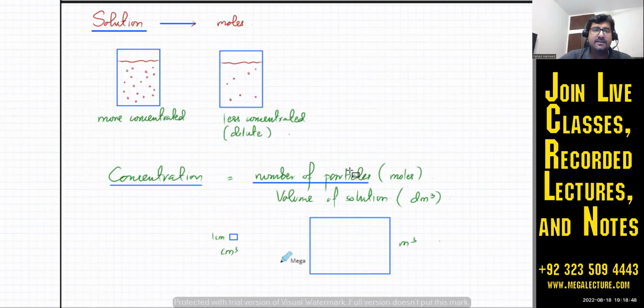A centimeter cube is a volume that, if you think of it as a cube, has a side of 1 centimeter, right? Or meter cube jo hoga, that is going to have a side that will be 1 meter, right? Okay, it's going to be 1 meter length, 1 meter height, 1 meter depth.